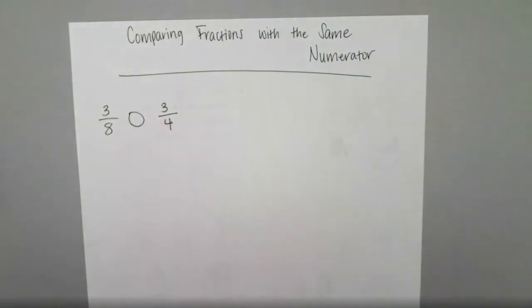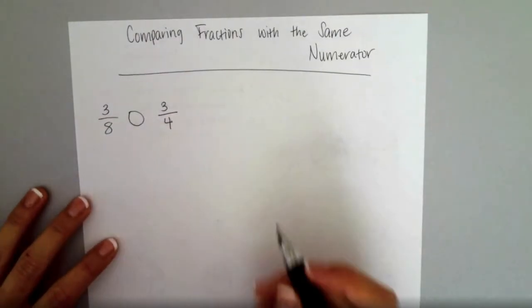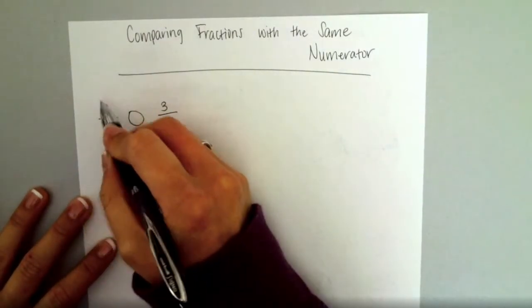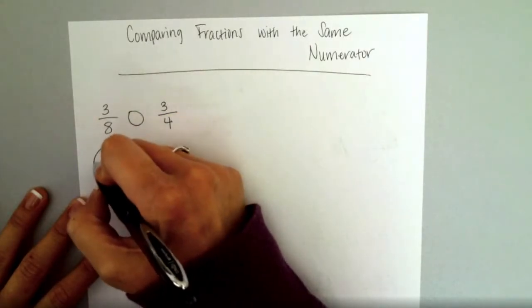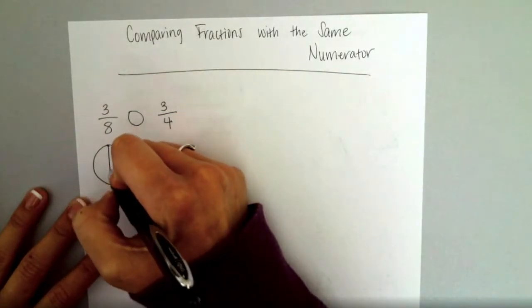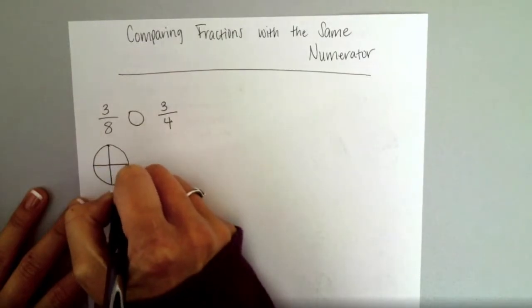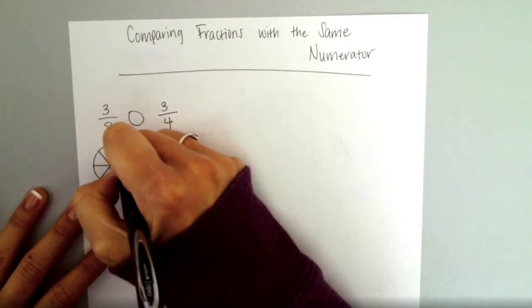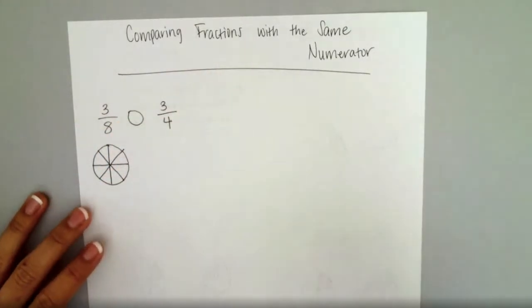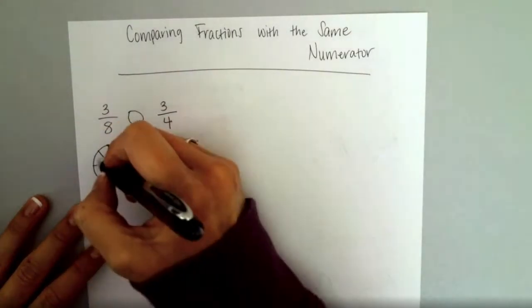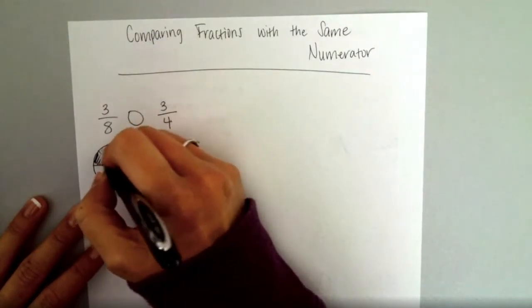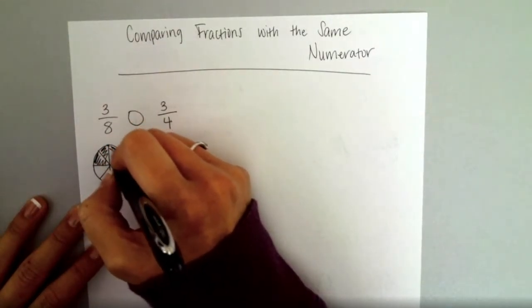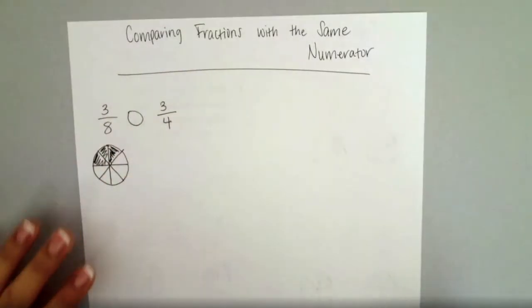Okay, let's use these. So yesterday's strategy, we learned how to visualize it and how to draw our pictures. So that's what I'm going to start with today. I know that this is 3/8, so my circle needs to be divided up into 8ths. Doing the best that I can to keep the pieces even. And I know that 3 of these pieces are going to have to be shaded in. 1, 2, and 3.